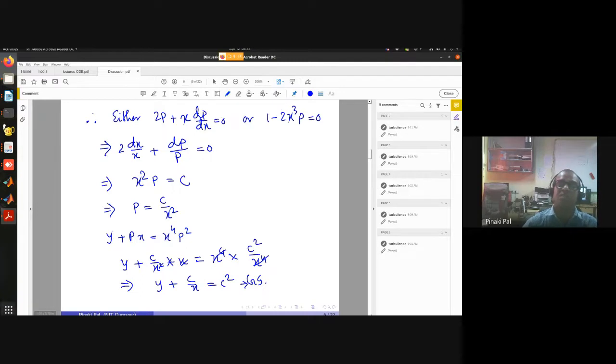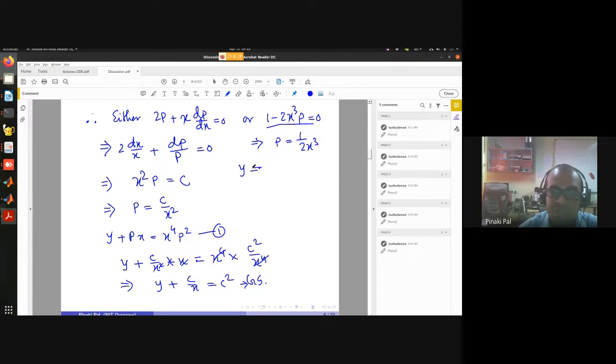Now, you see, while solving, we have another factor which can also be equal to 0: 1 minus 2x cube p equal to 0. From this factor, we will get p is equal to 1 by 2x cube. Now, if we eliminate p from this equation and the original differential equation number 1, we'll get another equation which will satisfy the differential equation.